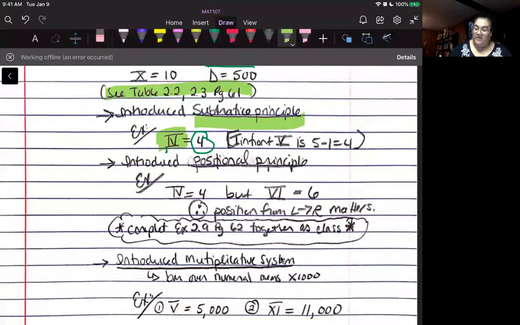Here we have the additive concept, where you still want to do the number 6, you start with the symbol for 5, you put the symbol for 1 in front of it. This means add them together and you get a 6.